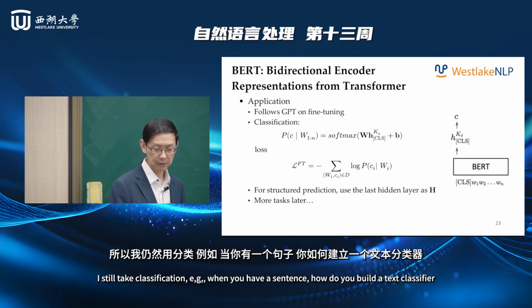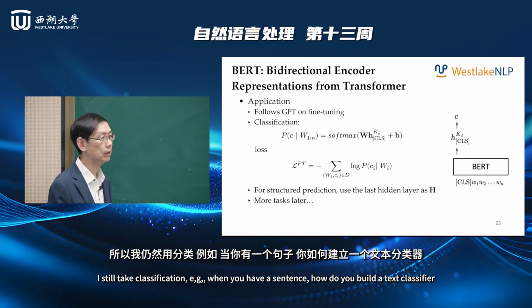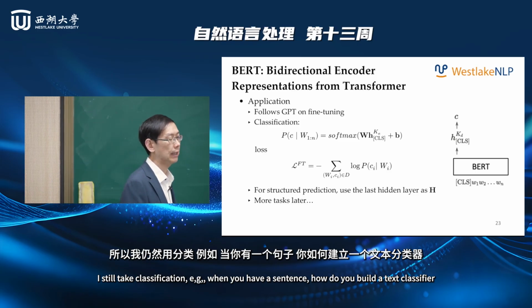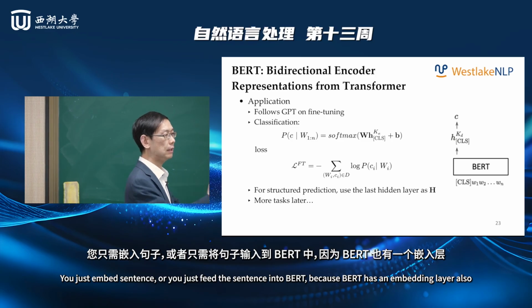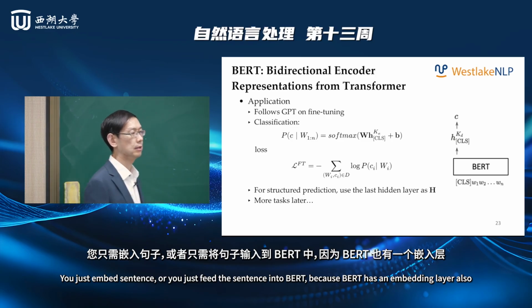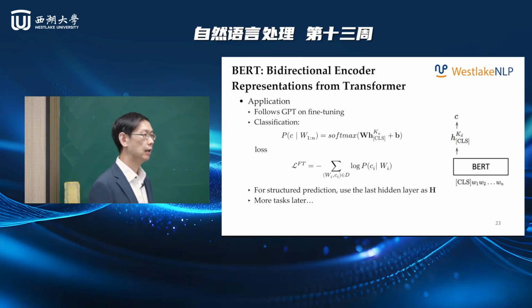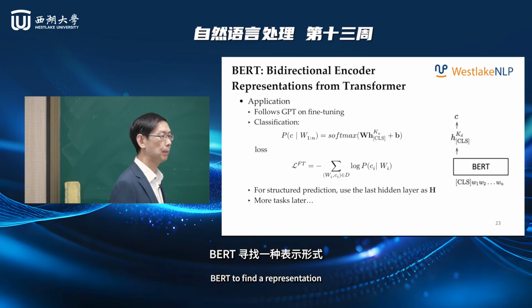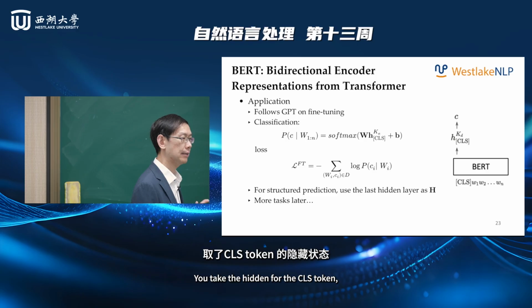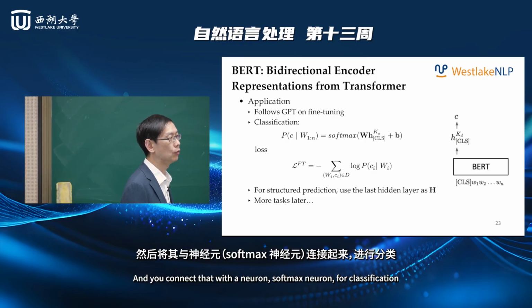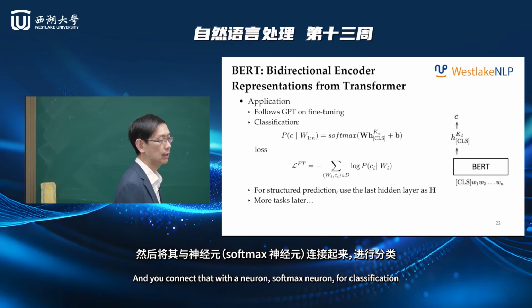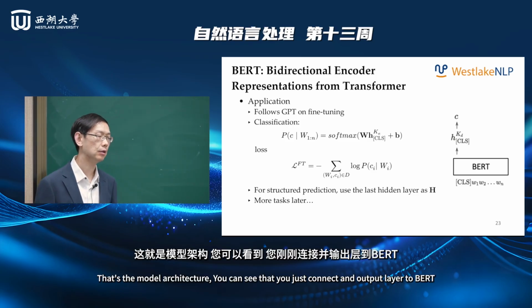So I still take classification, for example. When you have a sentence, how do you build a text classifier? You just feed the sentence into BERT, because BERT has an embedding layer also. And BERT will find a representation. You take the hidden for the CLS token, right? And you connect that with a softmax neuron for classification. That's the model architecture.